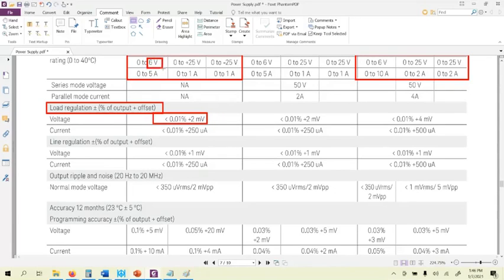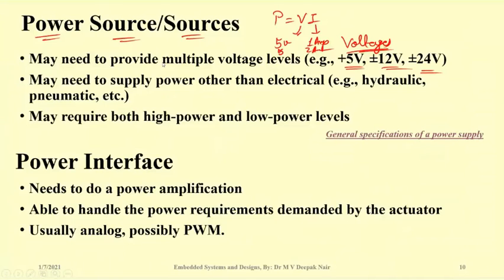This is one of the voltages which we are going to use. If I connect a particular load like 1 kilo ohm, 10 kilo ohm, or 100 ohm to this 6 volt, how much is this 6 volt going to deviate from itself? People might think why we have to worry about that. Let me give you an example.